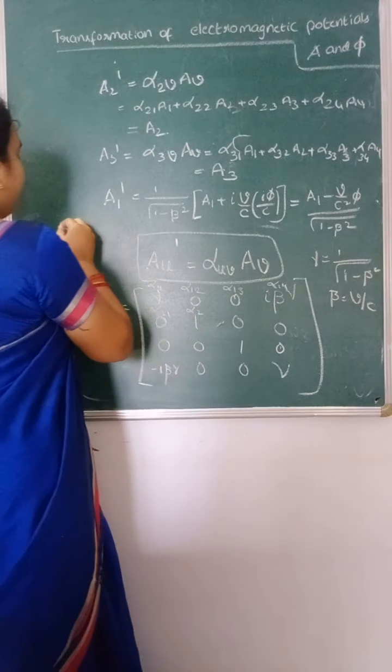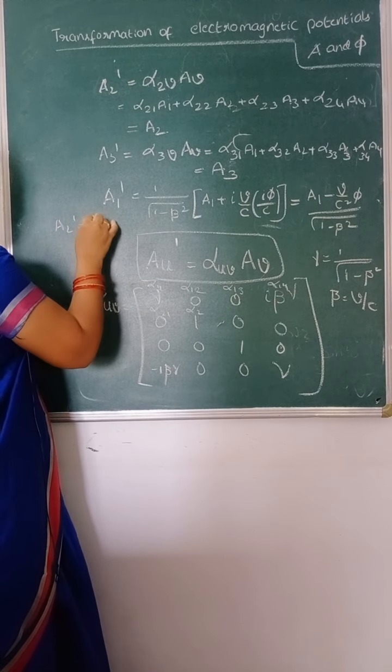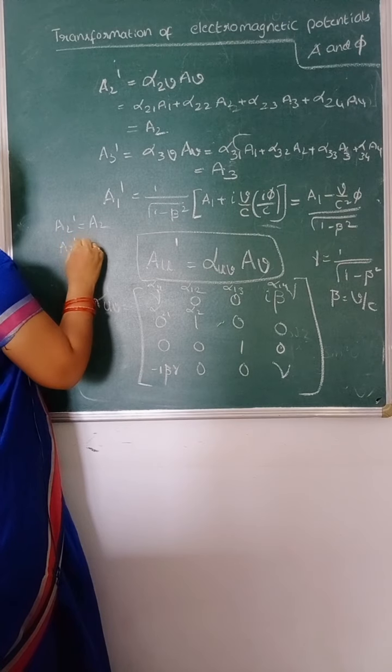So A2 dash is simply A2 and A3 dash is simply A3.